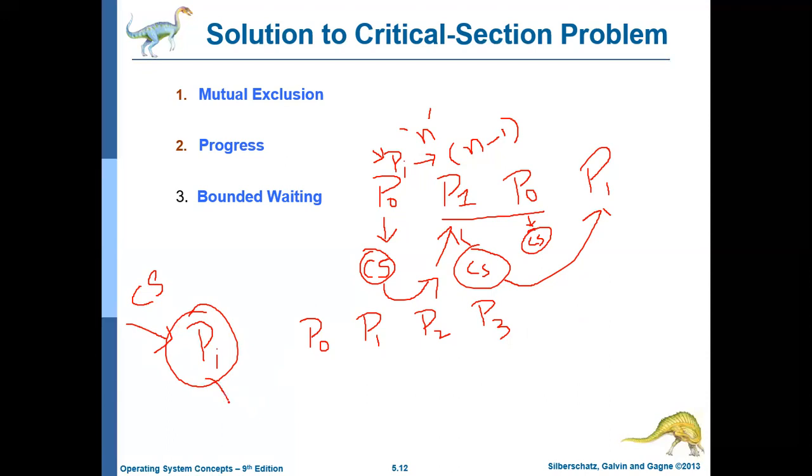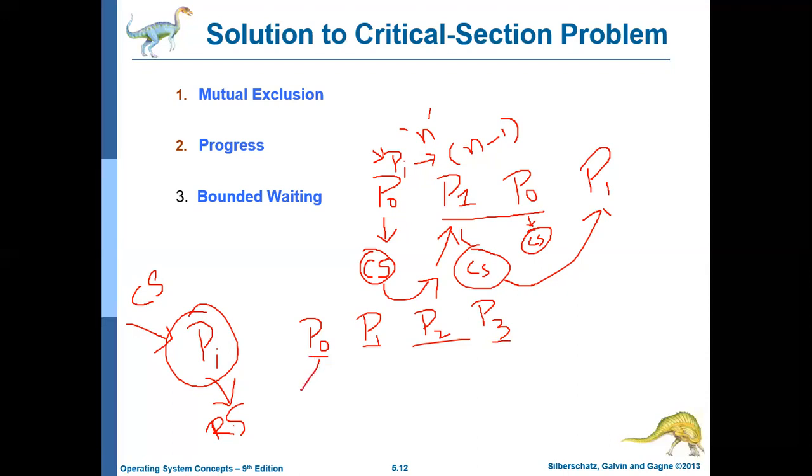Now pi comes out of the critical section, that is, it is in the remainder section. This is the order: first p0 came waiting for the critical section, then p1, then p2, then p3. Then they should get it in this order.